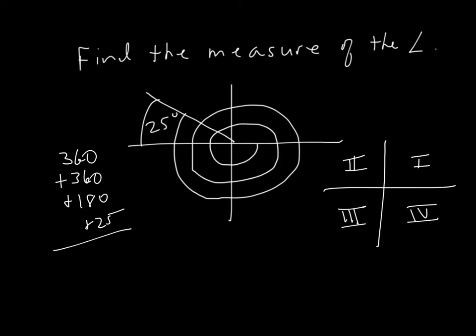But once we do that, it's all in the negative direction, so the answer will be negative. So this is 925 degrees, negative. Once again, it's negative because we went this direction to start with, not this direction. Positive over here, and negative going this way.